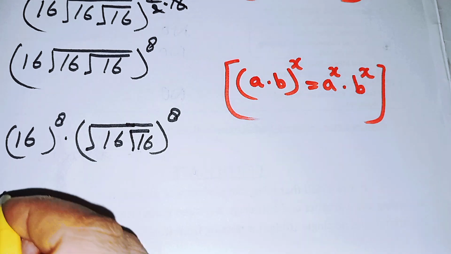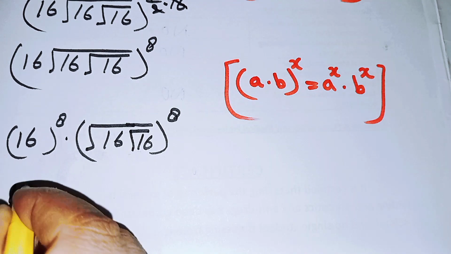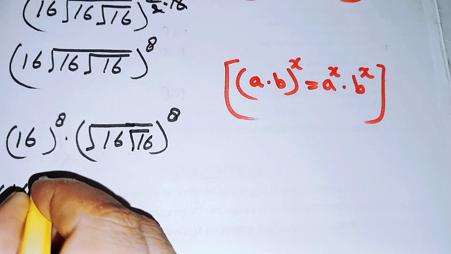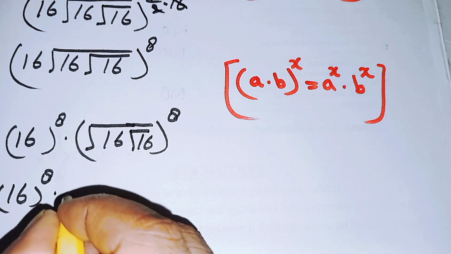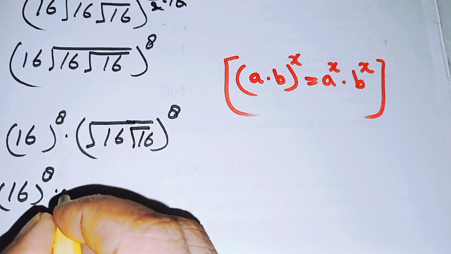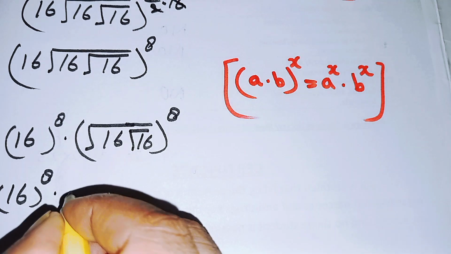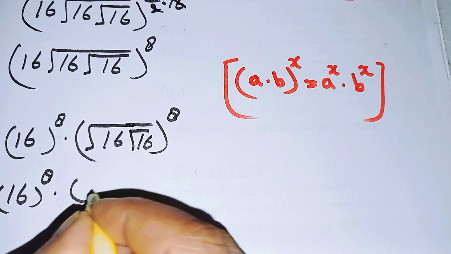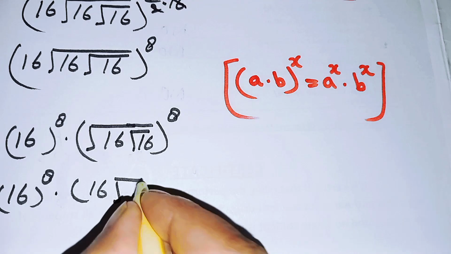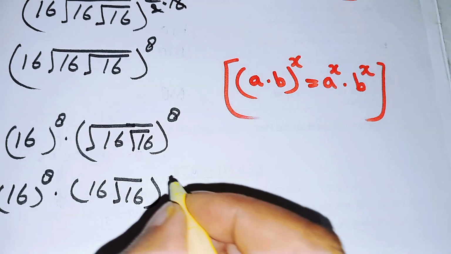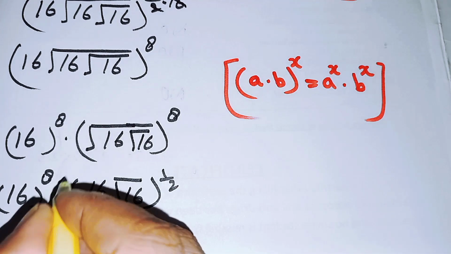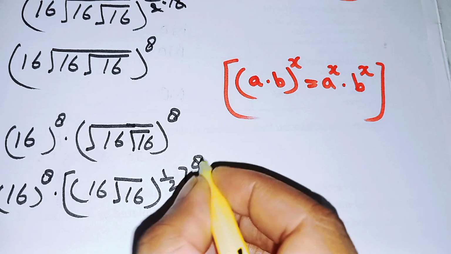And now this 16 to the power of 8, and then 16 and square root 16 to the power of 1 over 2, and then the whole thing to the power of 8.